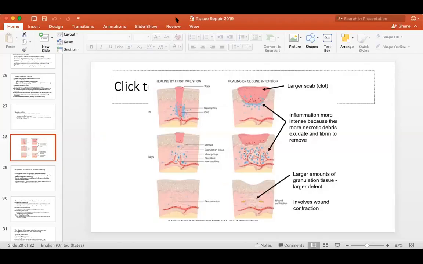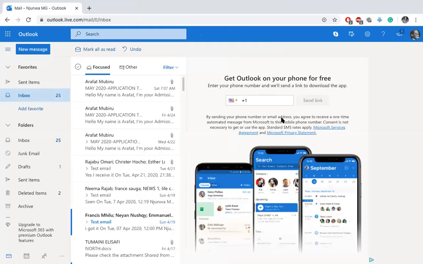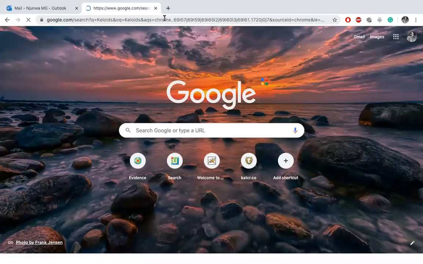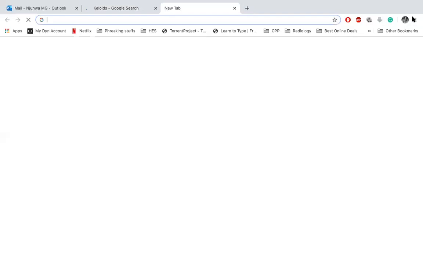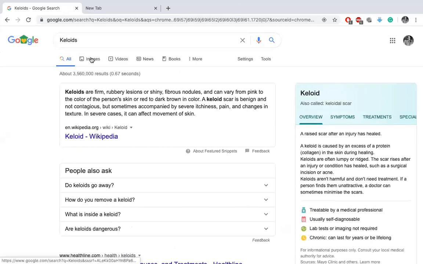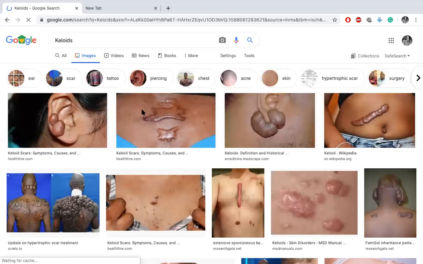Labda tu for the sake of learning niwaoneshe kitu kingine, kuna kitu kinaitwa keloids, au kwa jina jingine kinaitwa hypertrophic scar. Ukienda kwenye mtandao wako utasearch neno linaitwa keloids au hypertrophic scar.